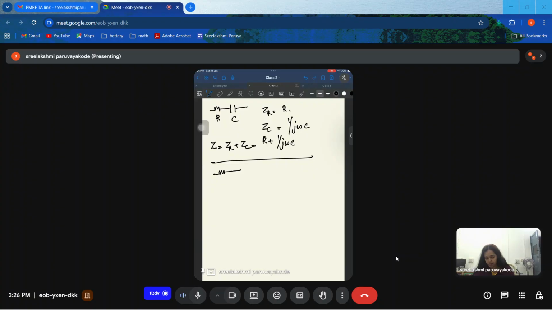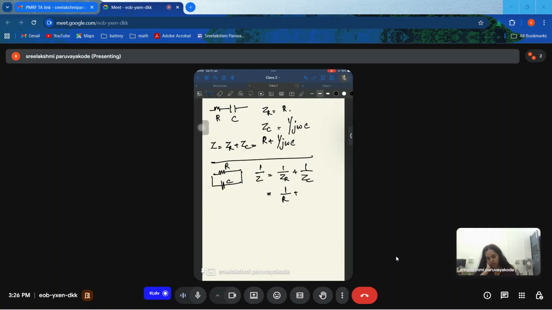Now what about one resistor and one capacitor in parallel to each other? So 1 by Z equal to 1 by ZR plus 1 by ZC, right?